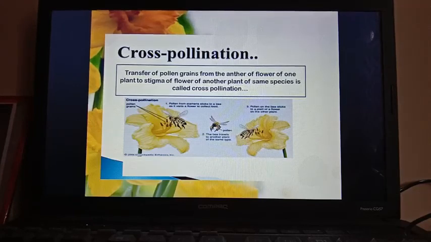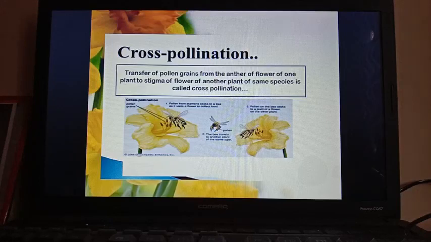Pollen will be transferred from the anther of one flower to the stigma of a flower of another plant, not the same plant. Mind it, students, not the same plant, but the species will be the same. It is not like mango pollen being transferred to a jackfruit plant.